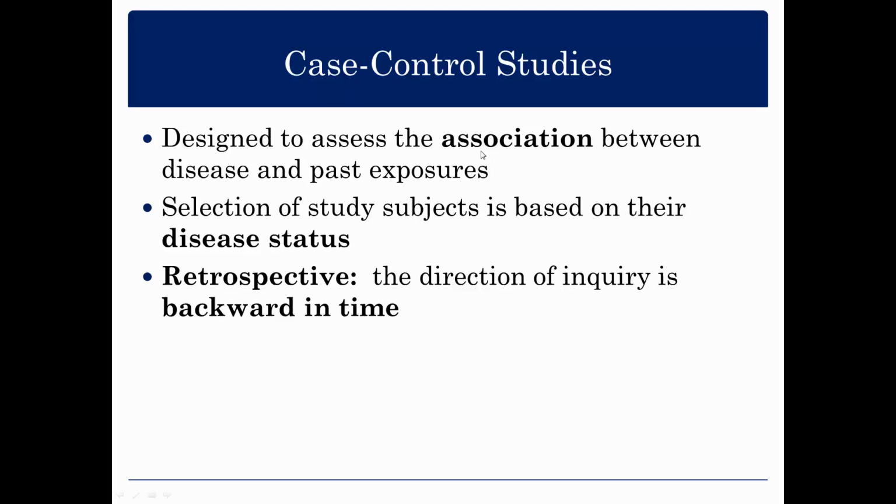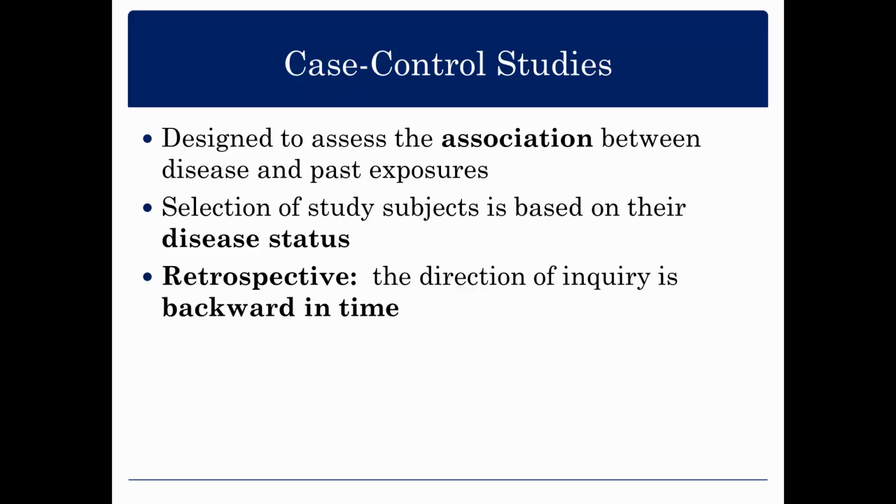So these types of studies are designed, again, to test for association between a disease that we know has occurred or not and some past exposure of interest. And then they're classified usually as retrospective because we're looking backward in time. And when we select our study subjects, when we determine who's in our study and who's not, we do it based on whether or not they have the disease.